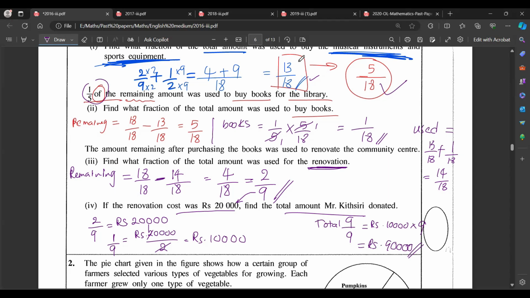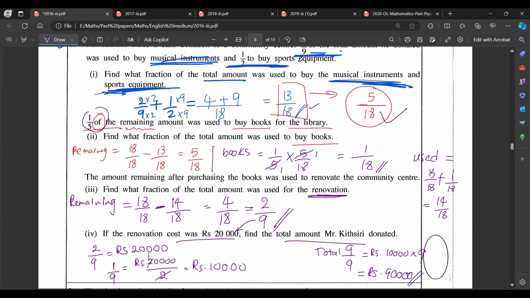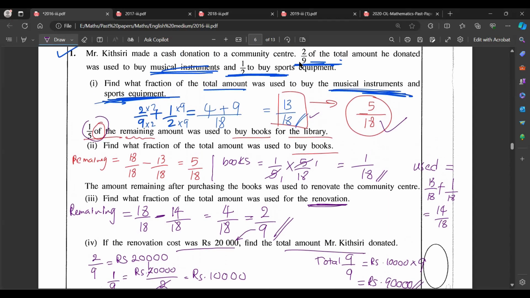Okay. If I start with the beginning, they used 2 over 9 and 1 over 2 for sport equipment and the musical instrument. All together you have to add. When you add it is 13 over 18. If 13 parts are used, remaining is 5 out of 18. Of that 5 out of 18, they are using 1 over 5 of that part. 1 over 5 of means multiplication.